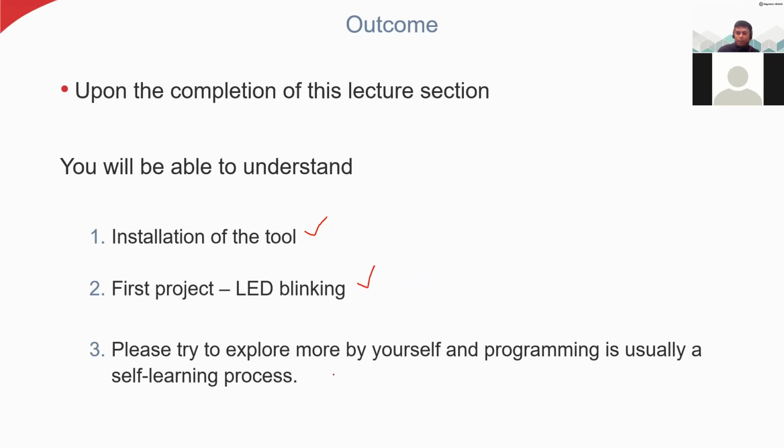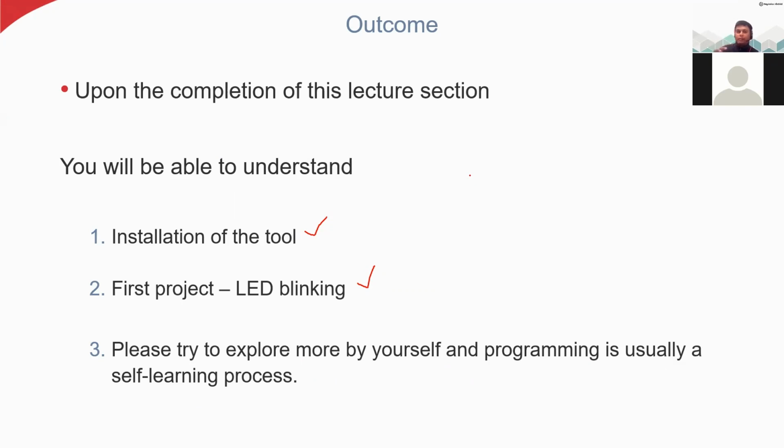And of course, you have to explore more by yourself, and programming is usually a self-learning process. In this course, I am not going to teach how to do the C programming because you have already learned that. Here you are going to generate the C code and edit it based on the application you want to implement.